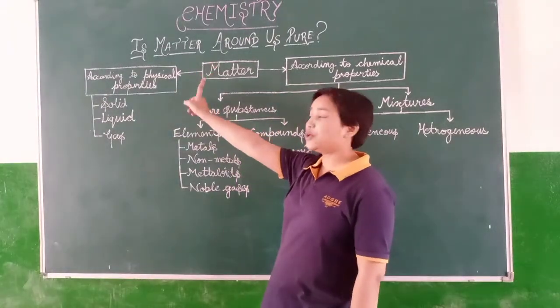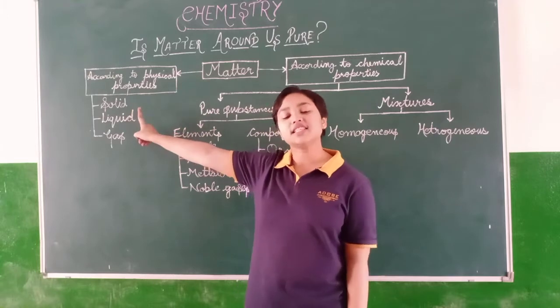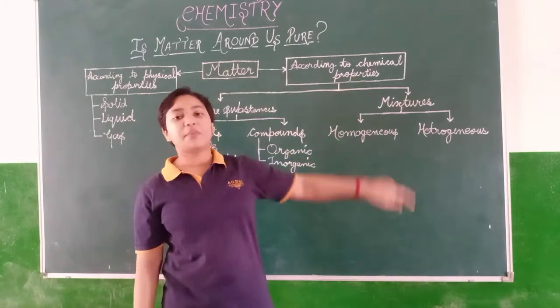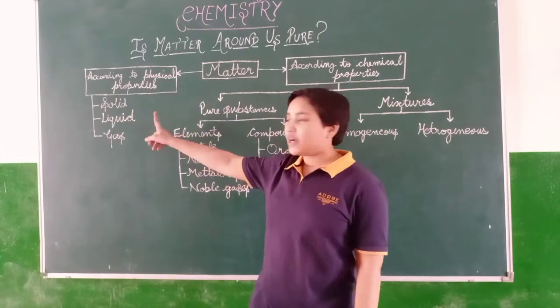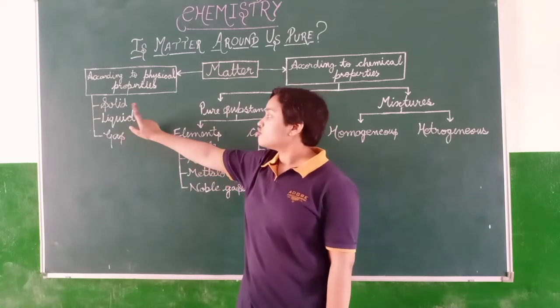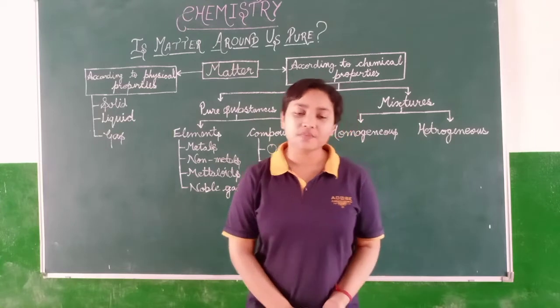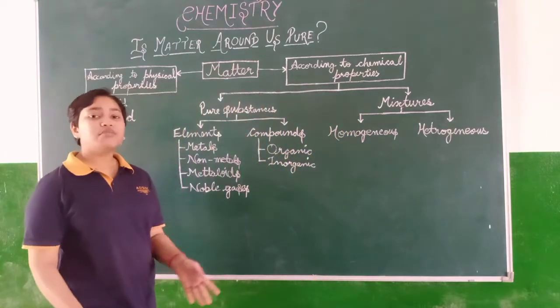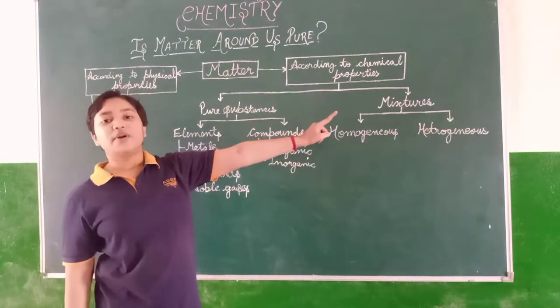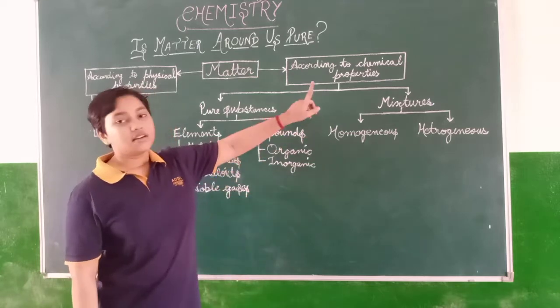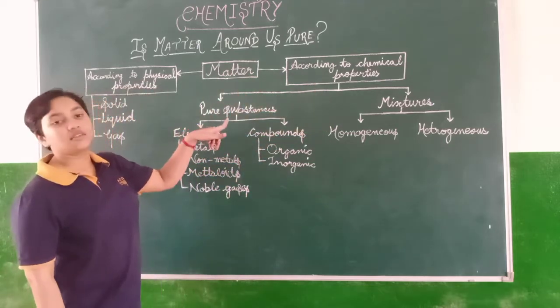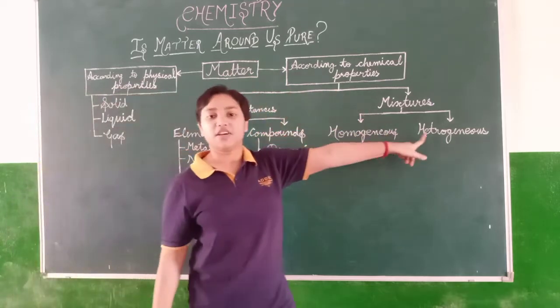Matter can be divided into two according to physical properties and according to chemical properties. According to physical properties, matter is of three types: solid, liquid and gas, which we have already learned in the previous video. So now in this video we will learn about the chemical properties of matter, and there are two types: pure substances and mixtures.